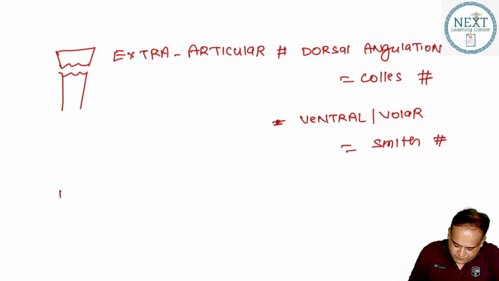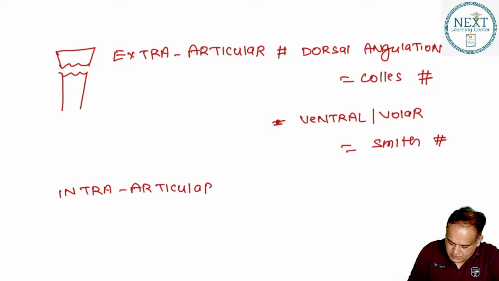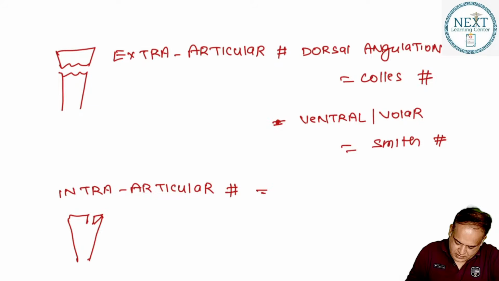Fine. Now if there is an intra-articular fracture like this, let's say there is a fracture like this. The fracture line is running across. I'm sorry, I'll draw.